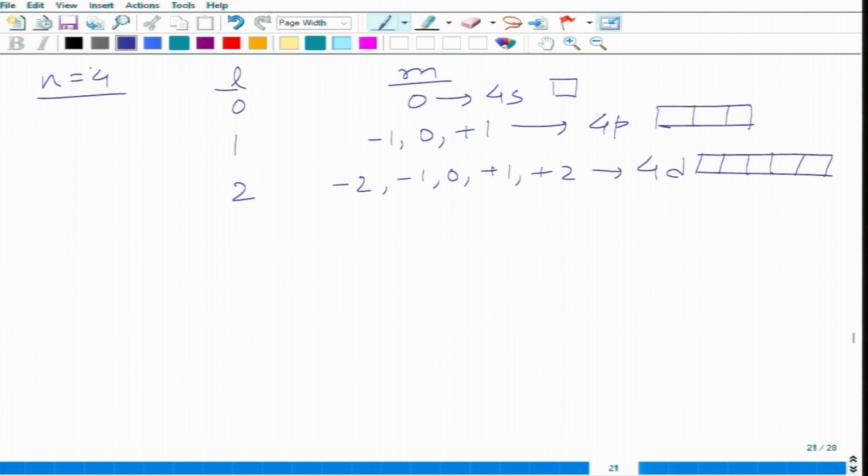Now n equal to 4 will have l equal to 3 also. So if l equal to 3, then what will be the corresponding magnetic quantum numbers? So first let's calculate the total number. 2l plus 1. So 2 into 3 plus 1, that is 7. So l equal to 3 means f subshell.